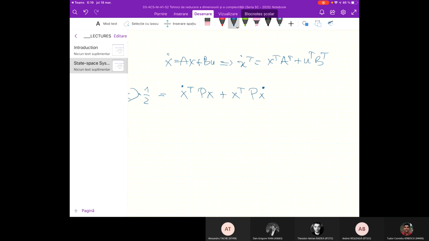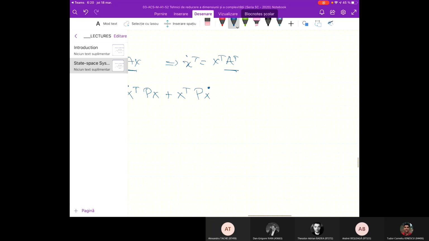We take u equal to 0 because I'm interested in the matrix A. I'm not interested in the matrix B. Stability is about the matrix A. Agreed? Right? Okay, so let's substitute.